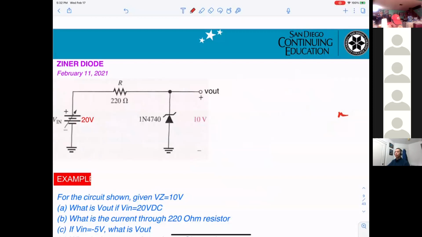That's why when you want to buy the Zener, you have to say 10 volts, 5.1 volts, 5 volts, whatever voltage. And the power here can be any power, doesn't matter. But if the input is higher than 10 in this case, then the Zener will break down.